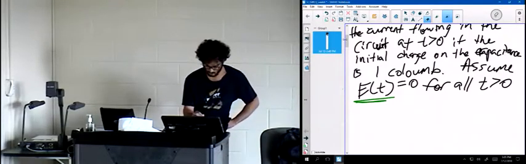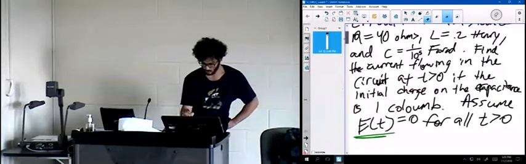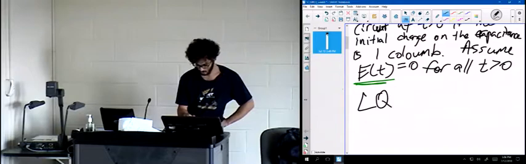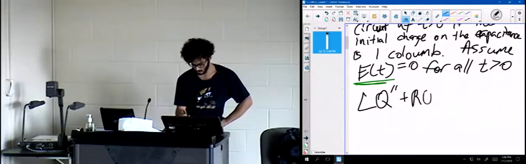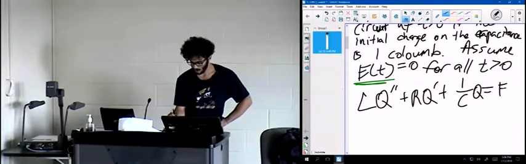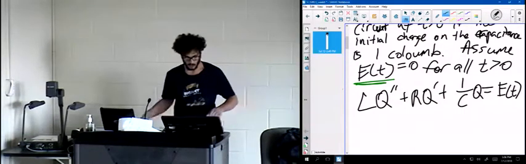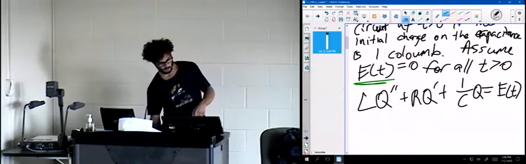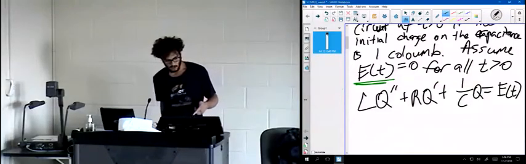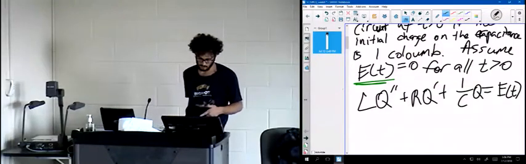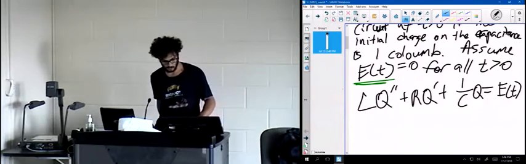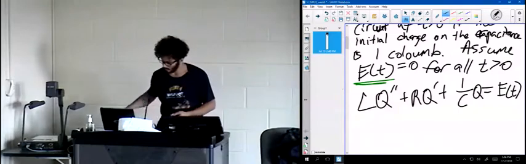And now we want to set up an equation. So our general form for these sort of equations looks something like this. Okay. So that reads the inductance times the second derivative of the charge plus resistance times first derivative plus 1 over the capacitance times Q equals the impressed voltage, right?